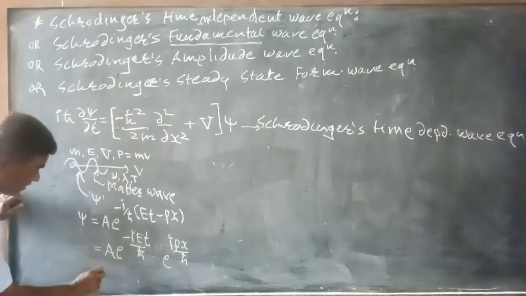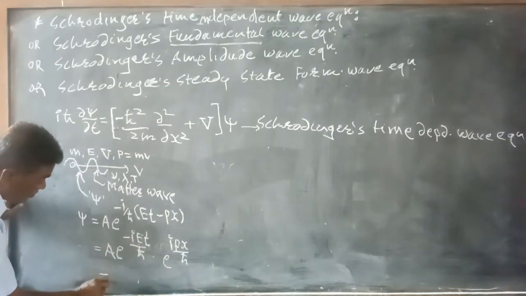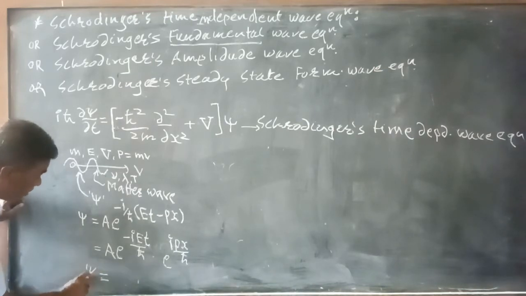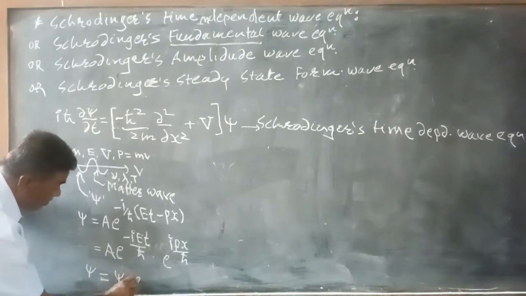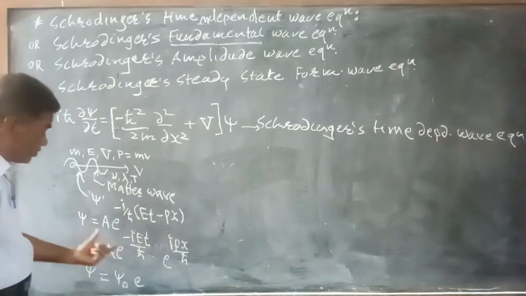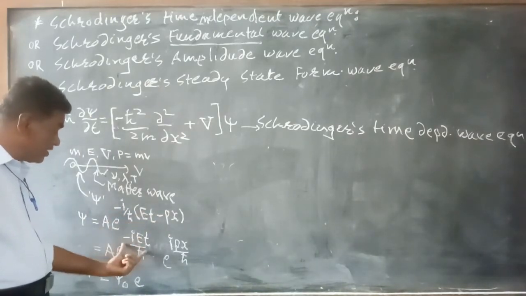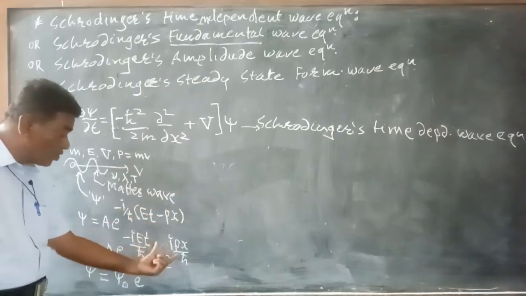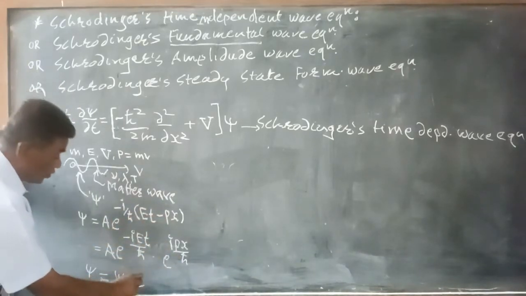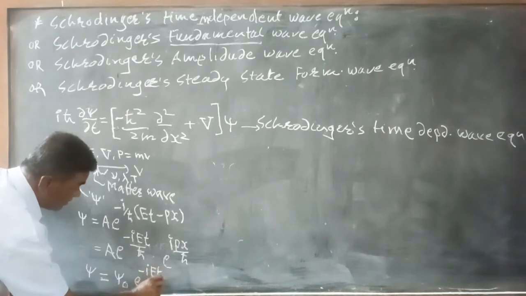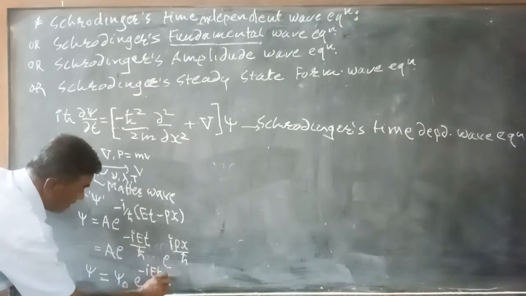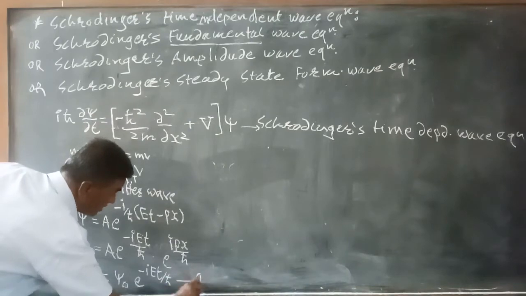Now the wave function psi will be equal to A into this term, which we will keep as psi 0. It is equal to psi 0 into e to the power minus iEt divided by h cut. So what we have done is that we have separated this. This is the time dependent quantity and the other is the time independent quantity. Suppose this is equation number 1c.